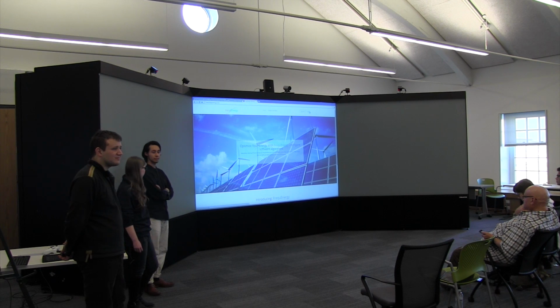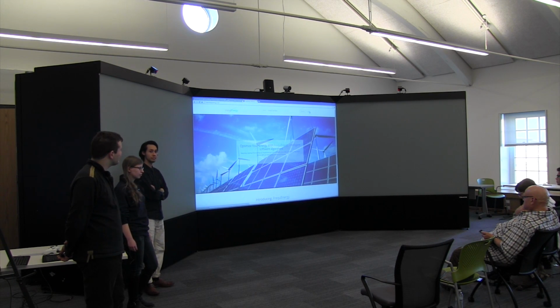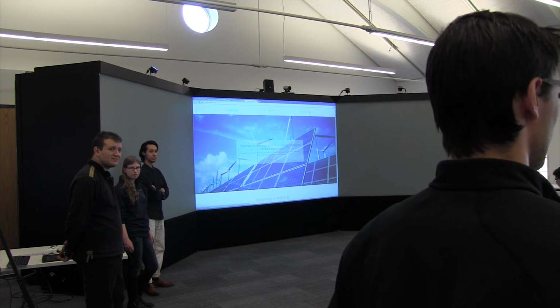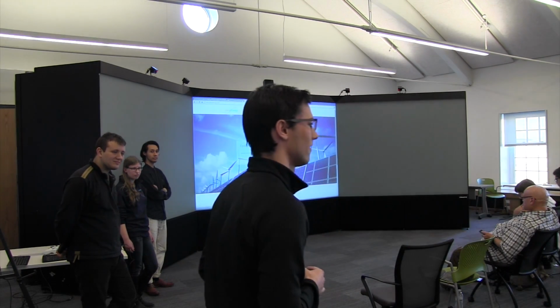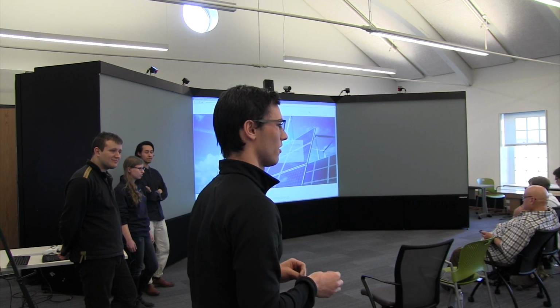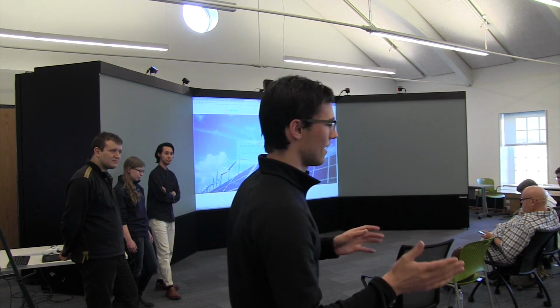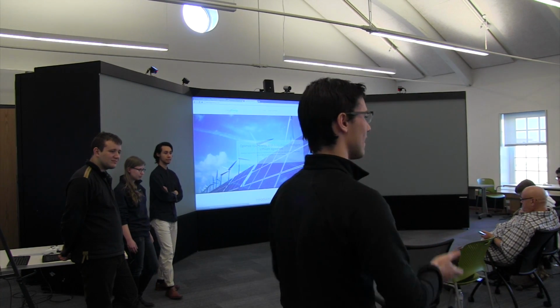So there are two main concepts here. First, there's the stabilization of the grid. Does anyone know about frequency response, where the grid might need some energy and you provide that energy? It's based on frequency response.